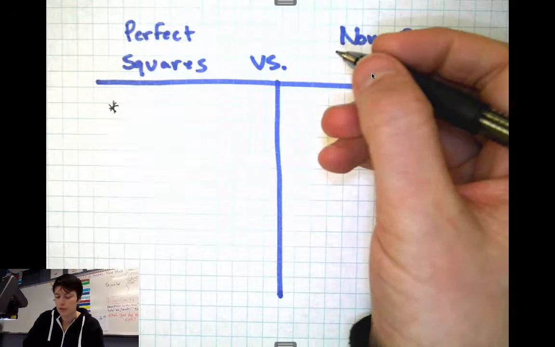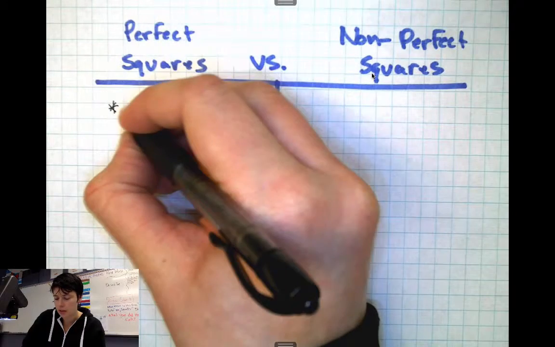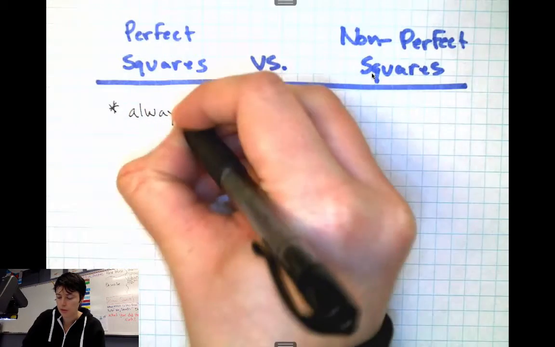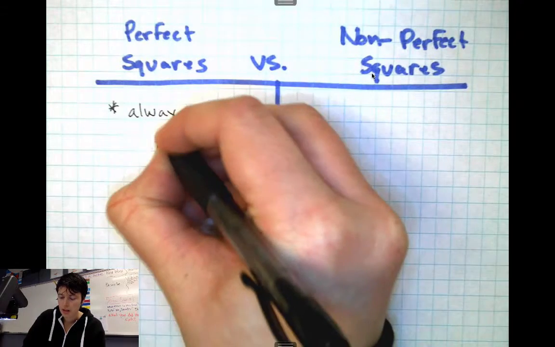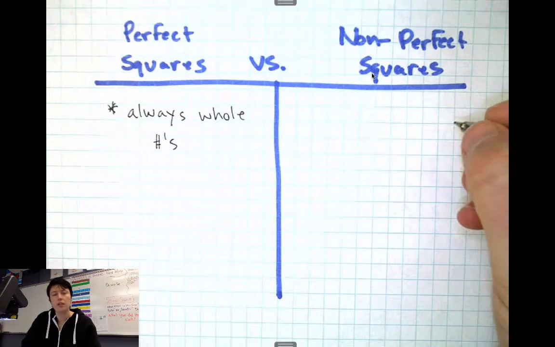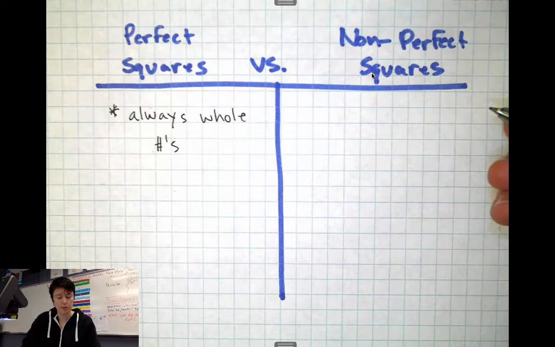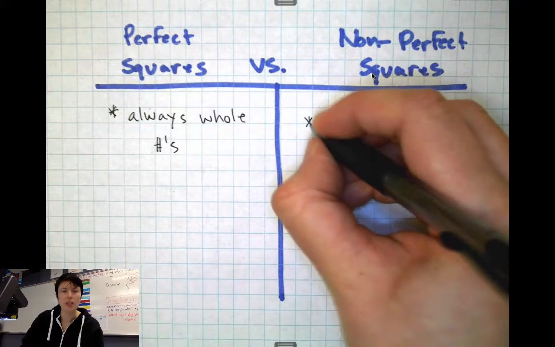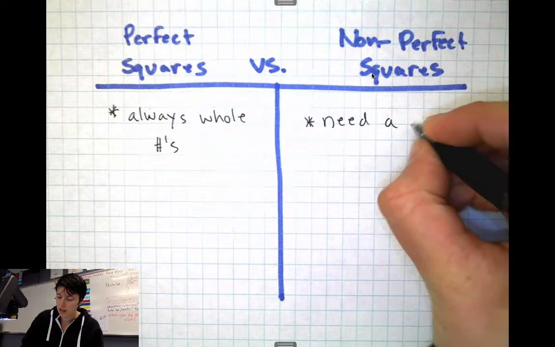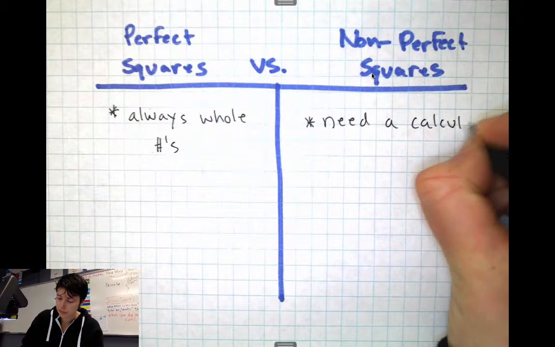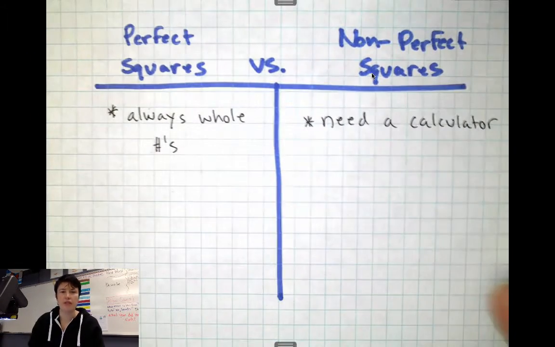There's no decimals. So always whole numbers. And non-perfect squares are the ones where you get a decimal. So you usually need a calculator, because they don't turn out very pretty.